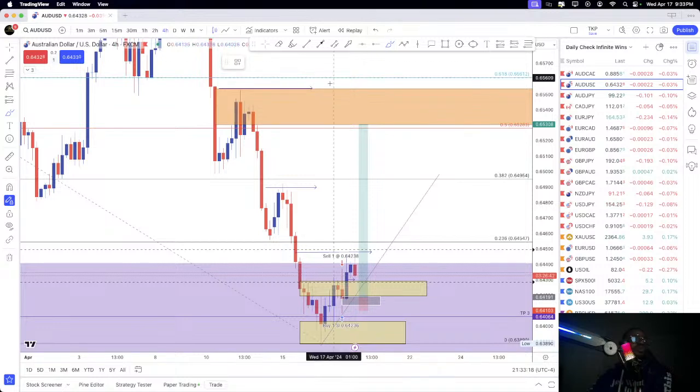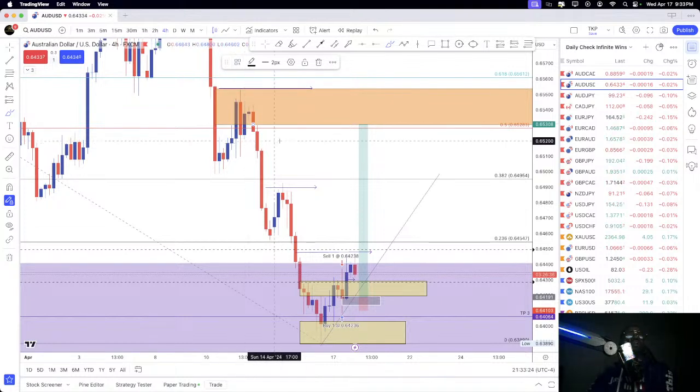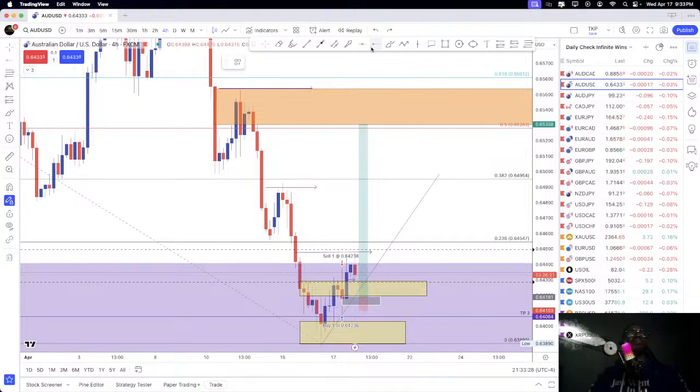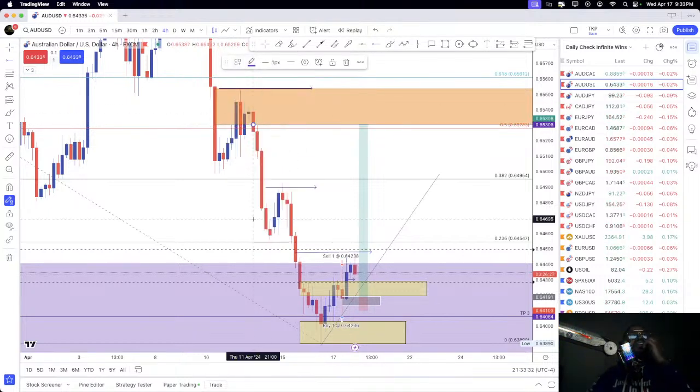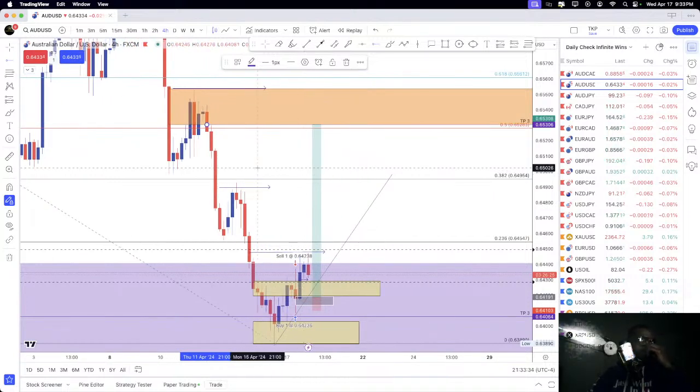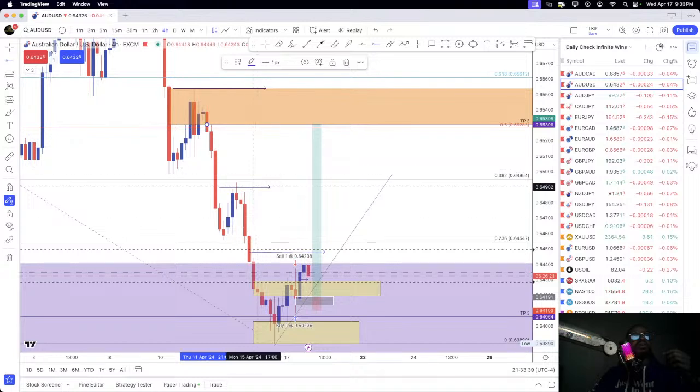All right, cool. So what we'll do is set these targets up, and we're about to get active on this trade right now. What did I just do? Let me delete it. Let's try this again. Boom. That's TP3. TP2, where are we?